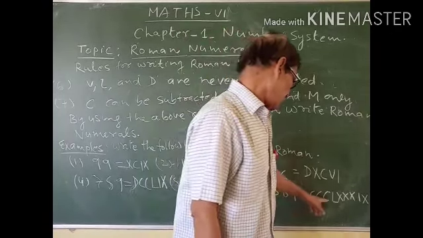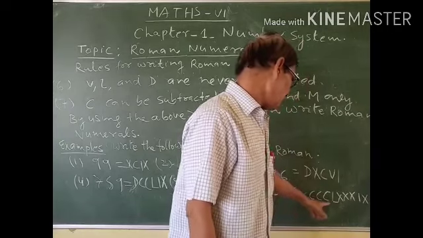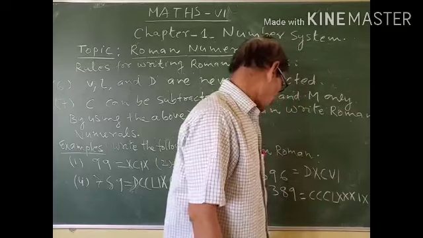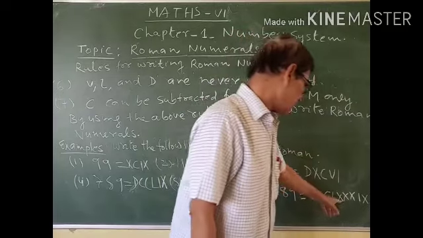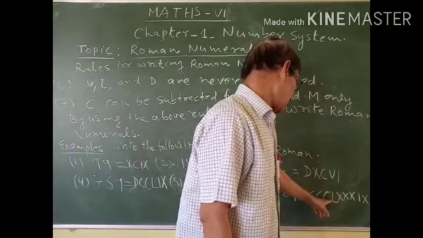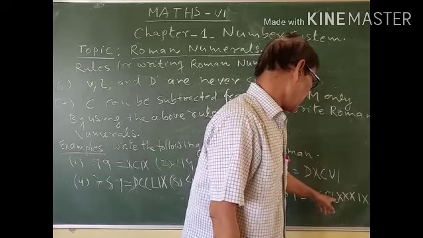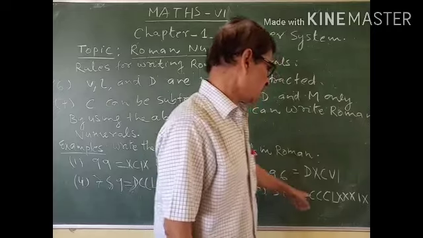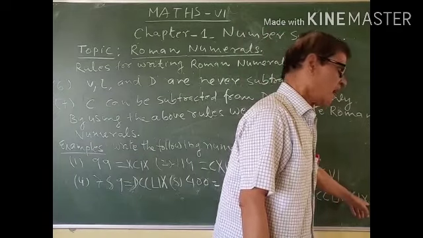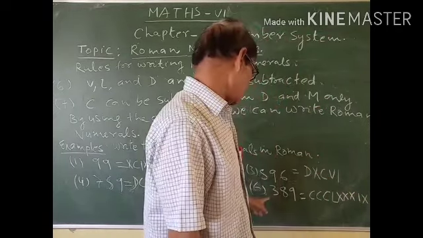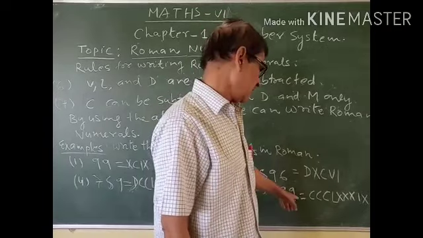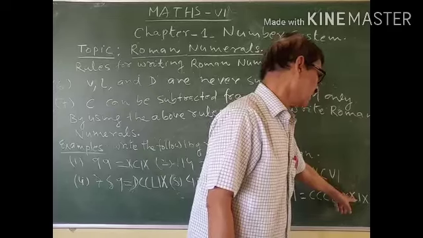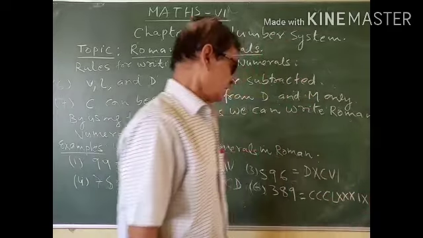You can write 50 by L and 30 by triple X. This becomes 380. Again we want to write 9, then we can write IX, and this becomes 389 equal to CCCLXXXIX.